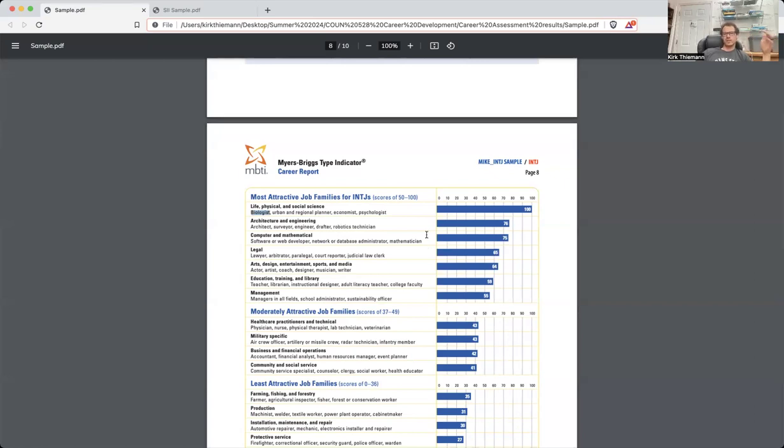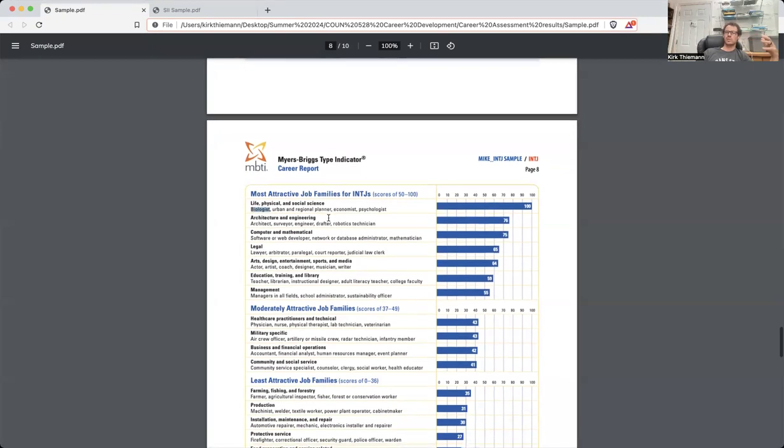No, not at all. It's just saying that of the 1.3 million people that this was normed on, many INTJs found this general area attractive. It doesn't mean that you will be a perfect fit, or that it must be the perfect fit for you. But it's probably a good idea to at least look into it.